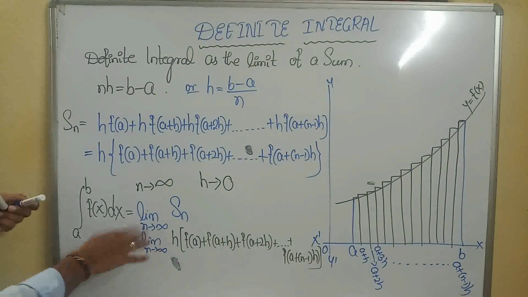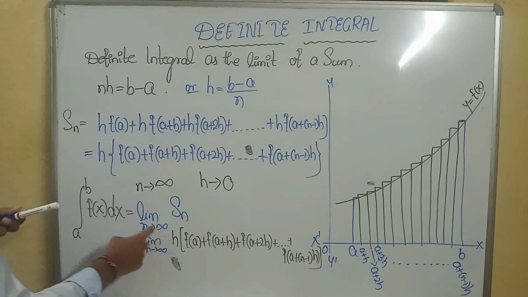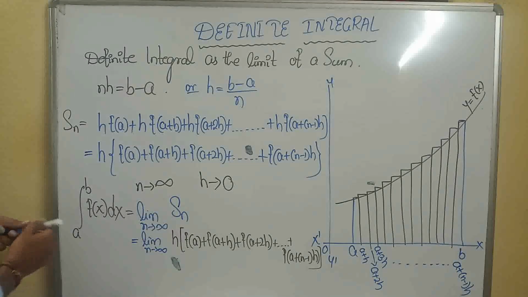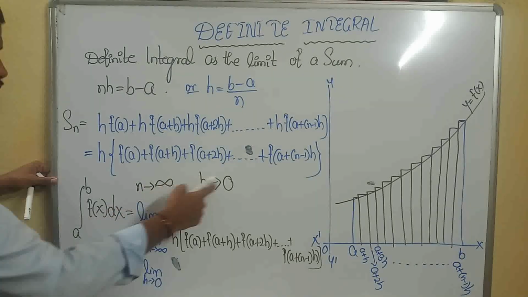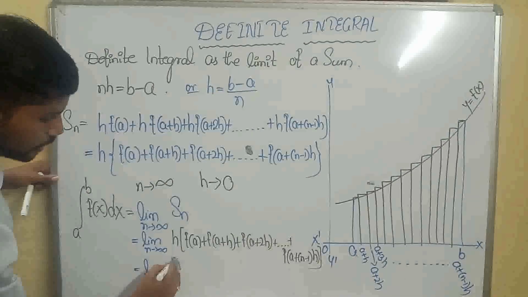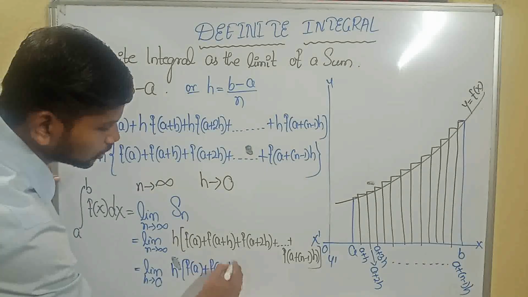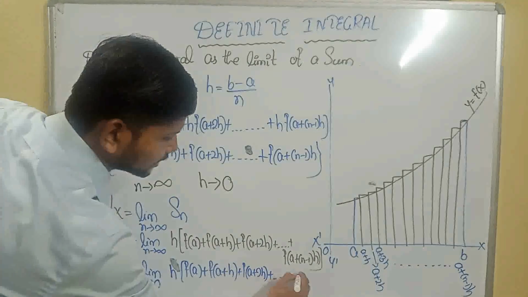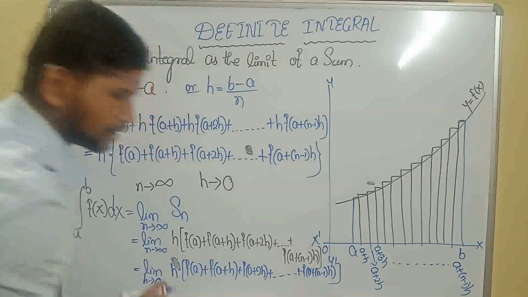Because h is used in the regular definition, I'd like to convert n tending to infinity into h. It changes to limit as h tends to 0, since as n tends to infinity, h tends to 0. So h into the bracket f of a, f of a plus h, f of a plus 2h, and so on to the last term f of a plus n minus 1 into h. Got the point clearly? Is it clear?